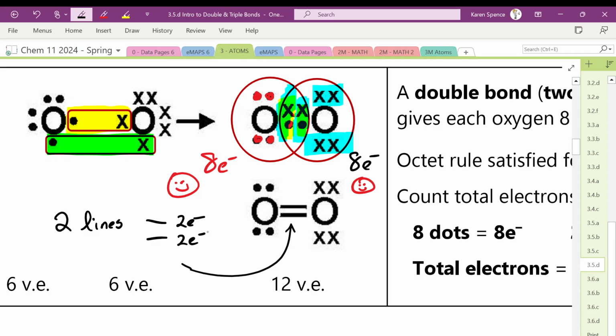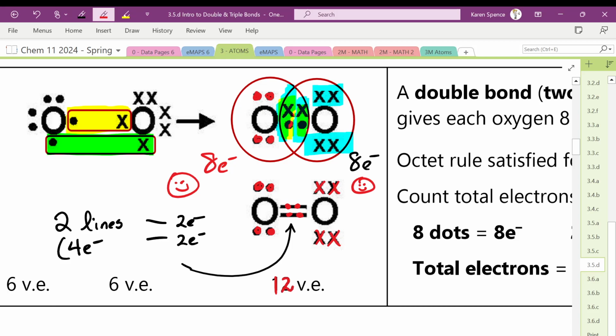So how many electrons altogether? 4 electrons is good. Okay, and if we count up the total number of electrons, we have 1, 2, 3, 4. This bond is 5, 6. This bond is 7, 8, 9, 10, 11, 12 electrons.